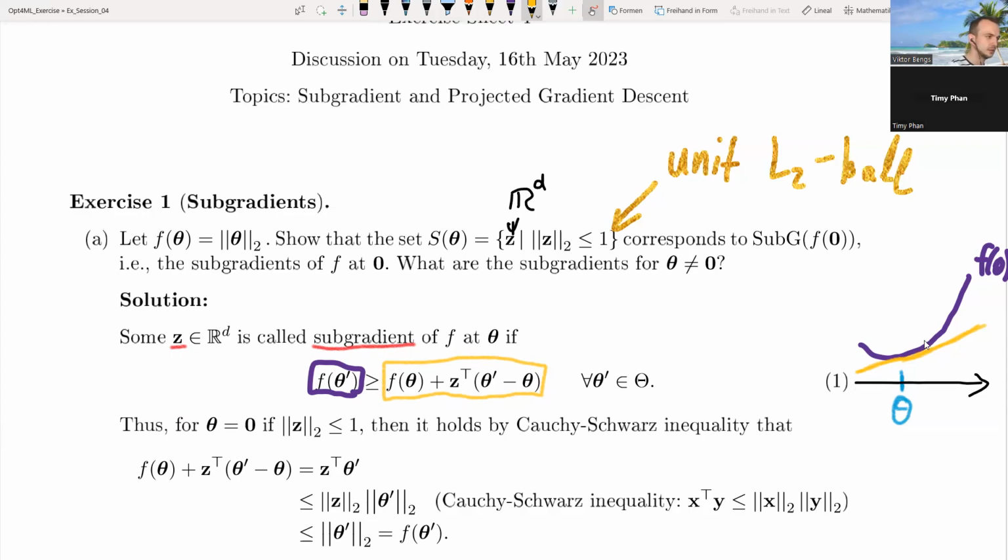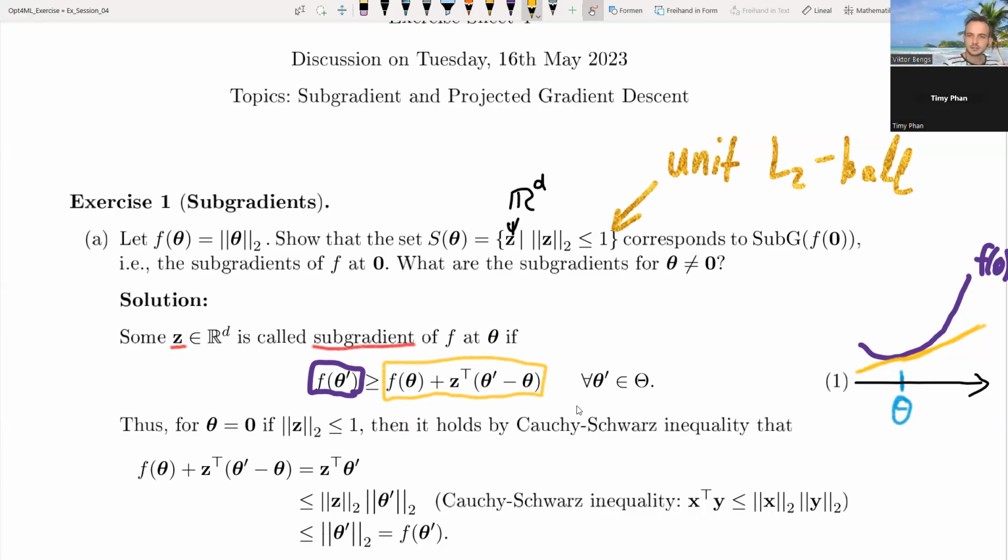And you see in this example, there is perhaps not a unique solution. There might be multiple z's fulfilling this property. Here I picked one slope where this is obviously the case, but we can also make the line a bit steeper, and still the entire linear function will be below the function f.